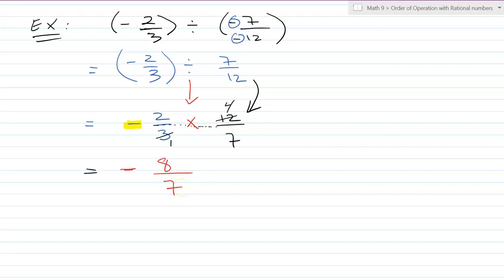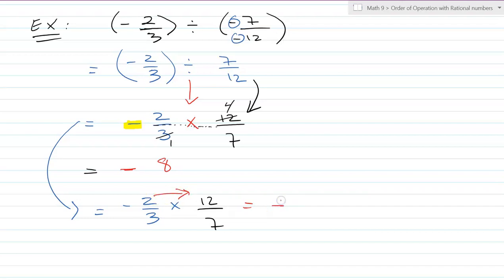Now if you didn't like doing that right away, we can multiply the numerators. The answer will be negative. So 2 times 12 is 24, over 21. And from this point on, you say, what goes into 24 and 21 evenly?